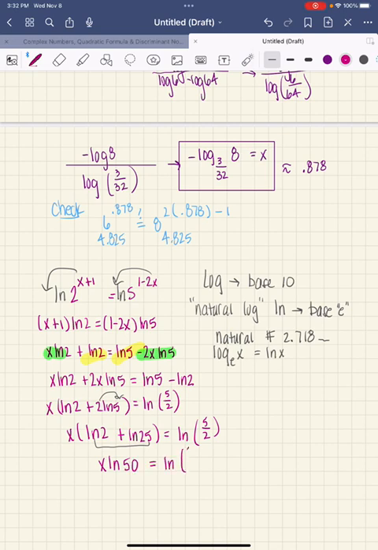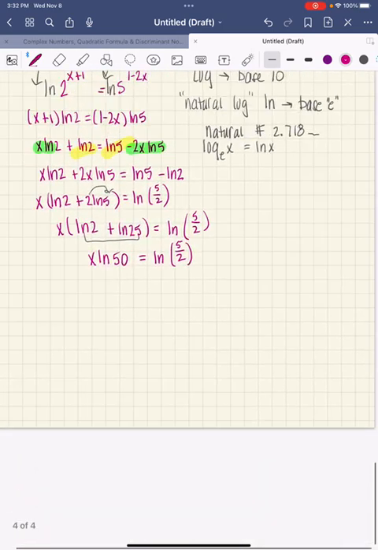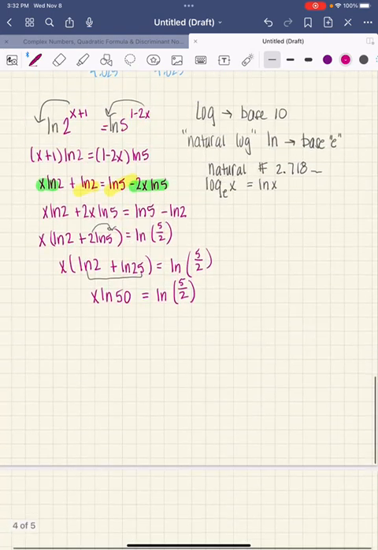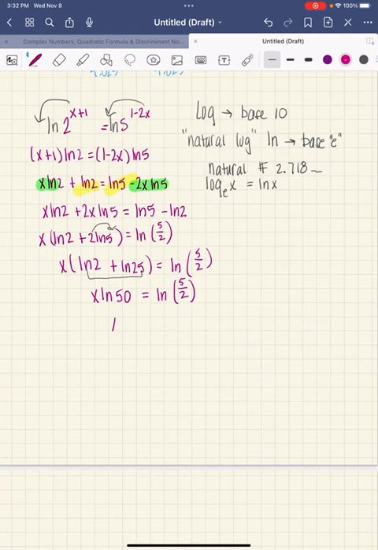Every time I make these videos, I think, man, I really hope I didn't make a mistake 6 steps ago, and you guys are all lost. Divide both sides by the natural log of 50. So this becomes the natural log of 5 halves divided by the natural log of 50.